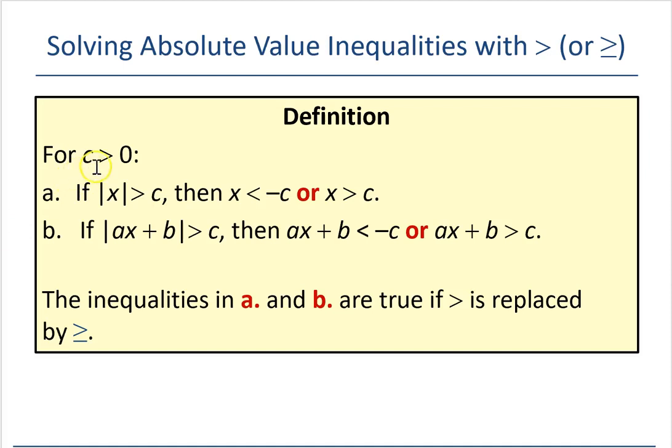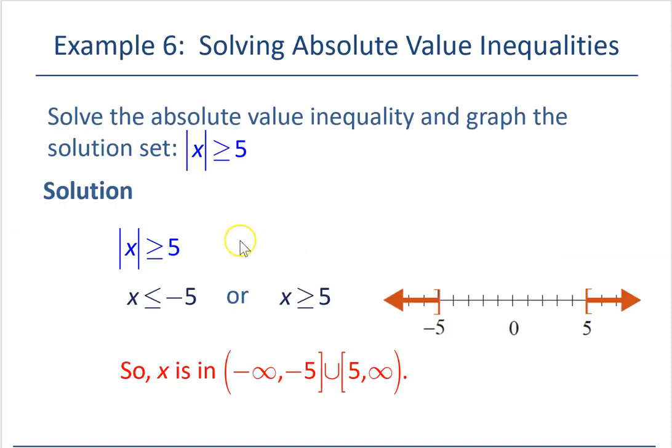So, for any constant c greater than 0, if the absolute value of x is greater than c, then x is less than negative c, or x is greater than c. And the same thing continues with expressions on the inside. Let's take a look at an example that they did for us. If x is greater than or equal to 5, well, there that is right there.